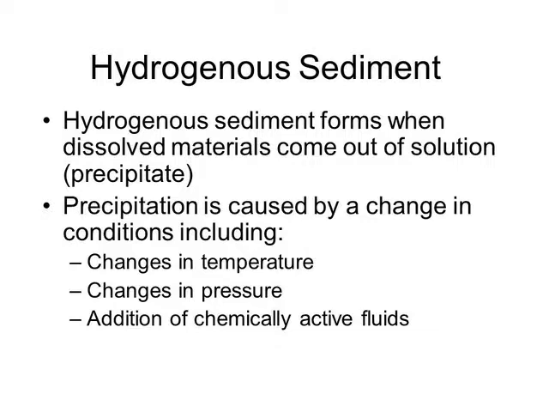For instance, when that calcium carbonate is dissolved in the deep ocean, if that calcium carbonate comes up to the surface, it will precipitate out and become a solid calcium carbonate again. These types of precipitation generally occur when you have changes in temperature, pressure, or when you have some sort of chemical acting with the fluid or with the water itself.